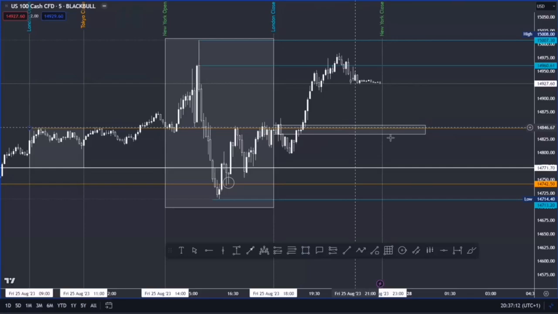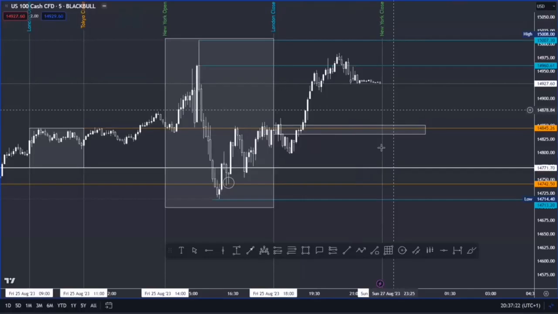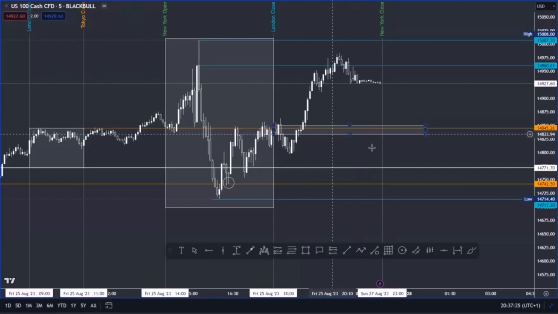So it didn't respect it, and this expansion just expands to new lows. You can begin to derive models in your trading that are largely based on mathematical perspectives.